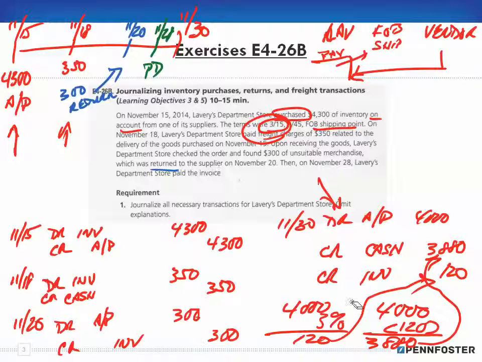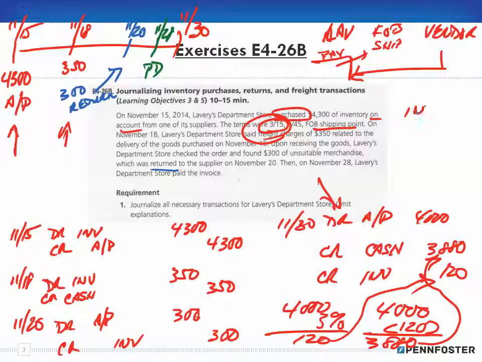But think about what you're doing. I mean, in the last few problems we've talked about sales discounts and purchase discounts. Okay, we're not dealing with sales, we're not making sales, and we're not purchasing for the operation of the business. We're talking about buying our inventory. And again, anything that's associated with the purchase of that inventory goes into the inventory account.